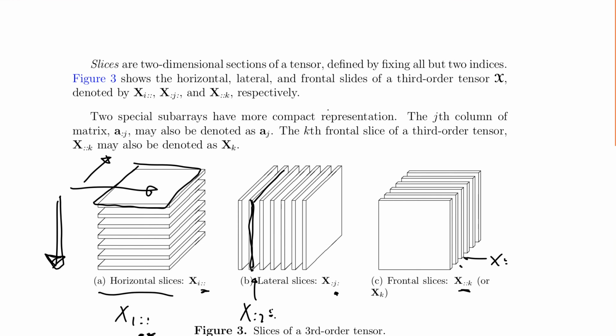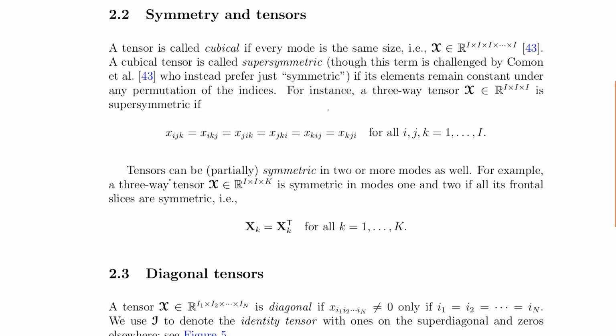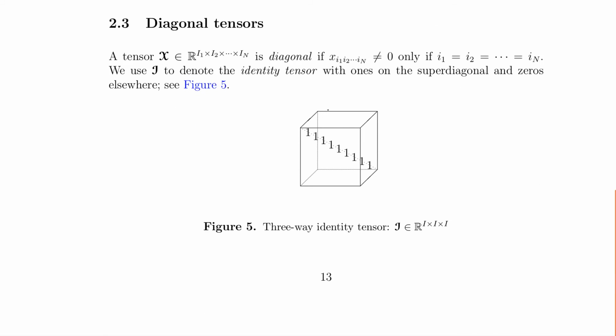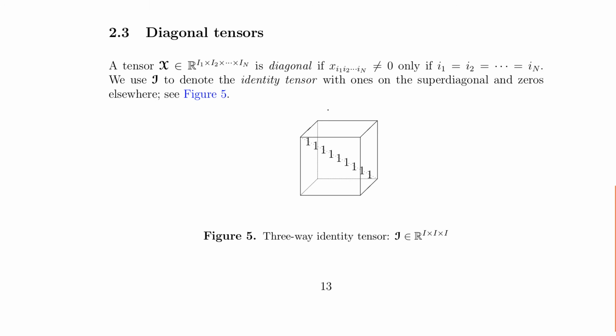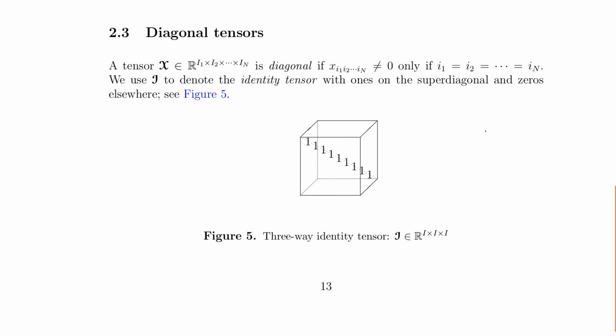Let's see if I have some example here. I think there's a numerical example that will probably make it clearer. And by the way, just a slight digression, we can have a diagonal tensor, just like a diagonal matrix. For example, if I have a tensor with dimension I1 times I2 and so on up to In, it's diagonal.